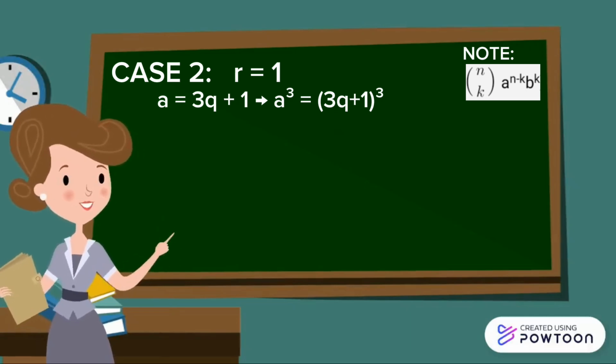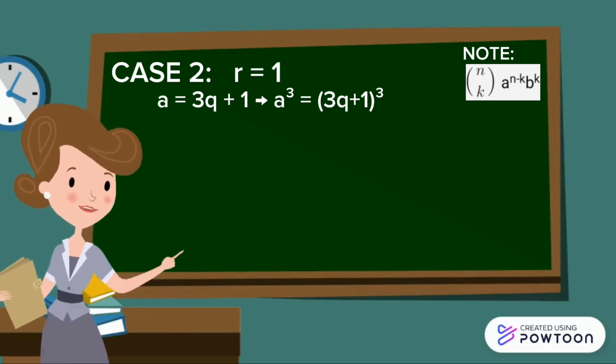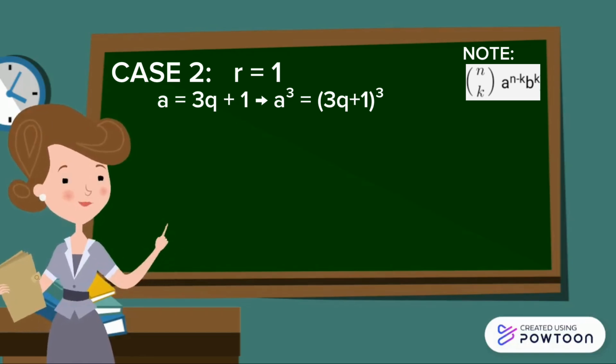times a raised to n minus k times b raised to k.